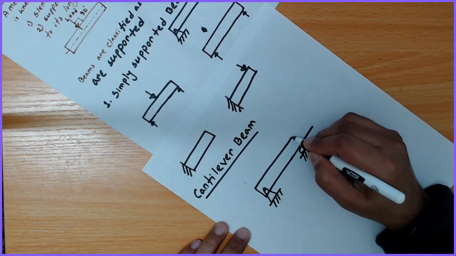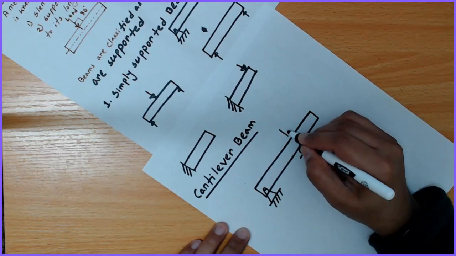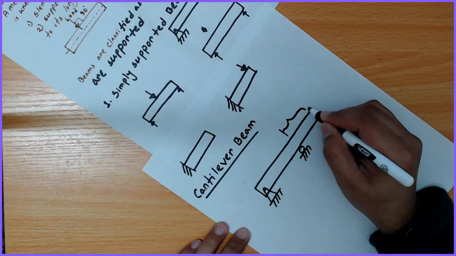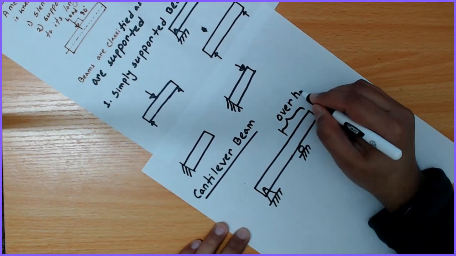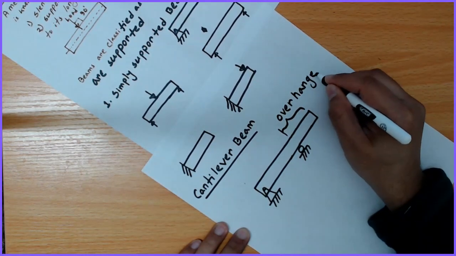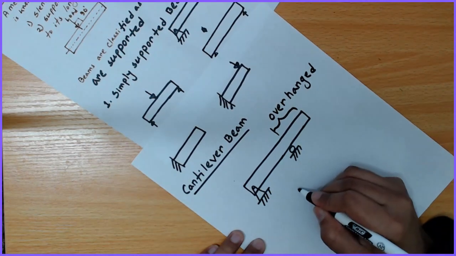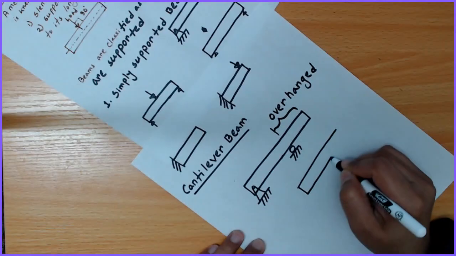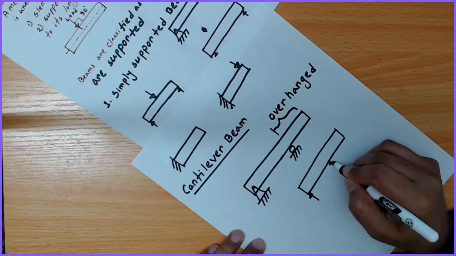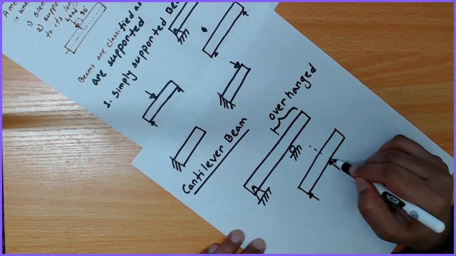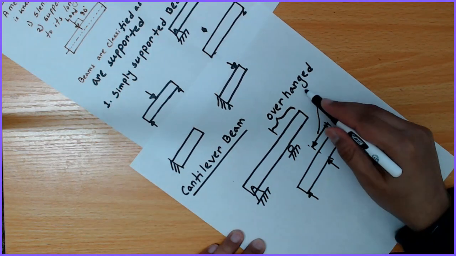If I extend this beam, this portion is overhanged, and another example is the same, support here and support here, but this portion is overhang.